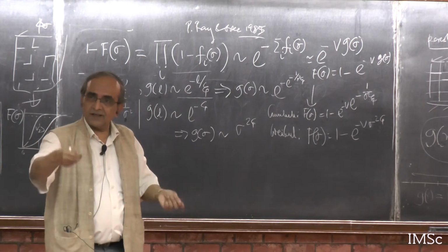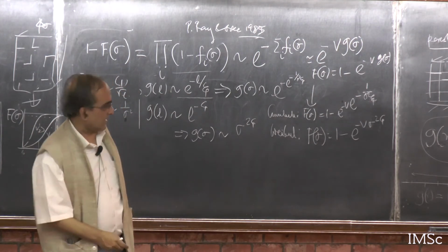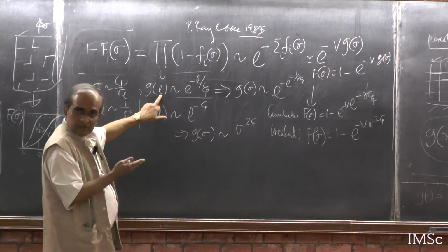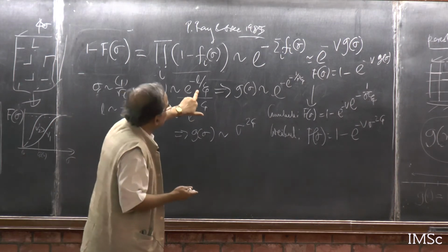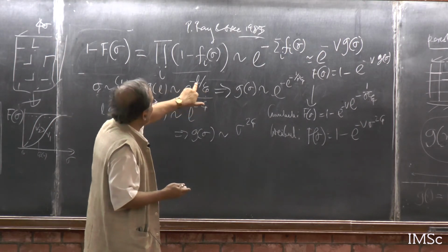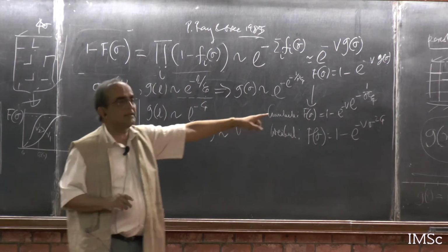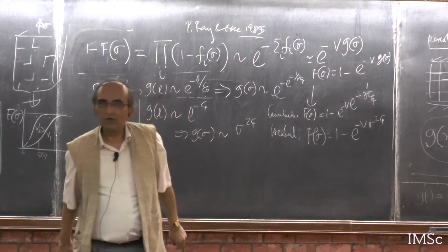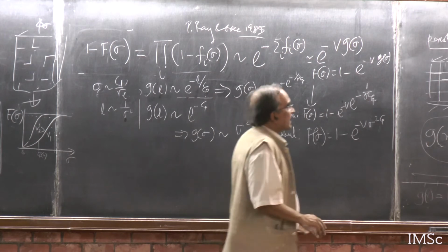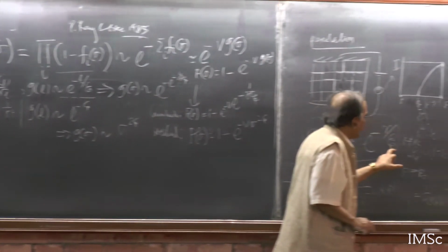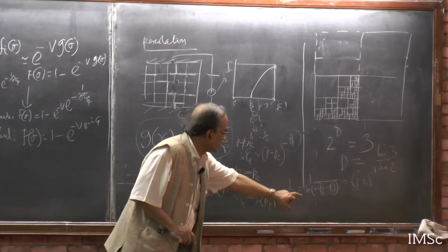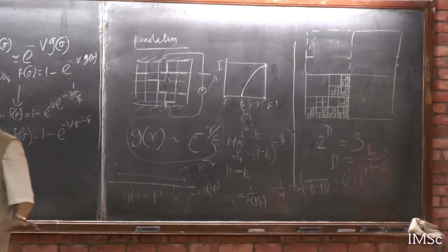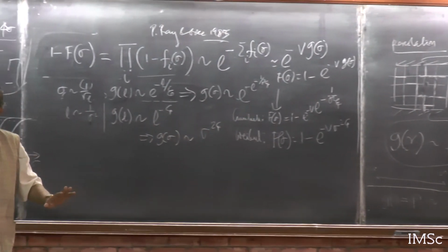So that means the defect size is of the order of R. If I know that the defect size is of the order of R, here I put it as L, and then of course I know xi, and it is in this form: exactly e to the power minus L by xi, in one dimension, where xi is 1 upon PC minus p. This can be at any distance.